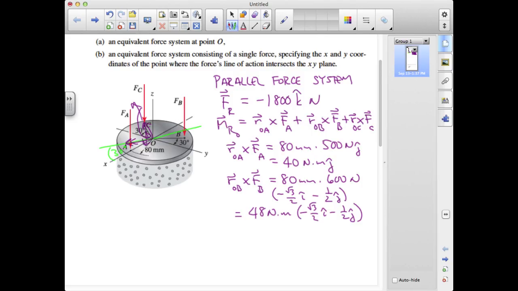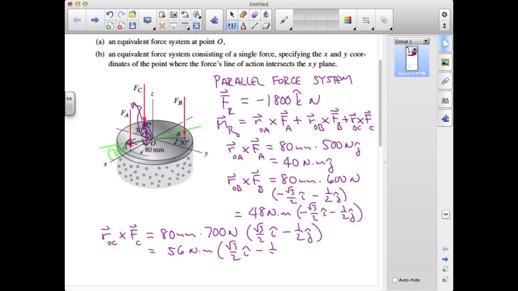And once again, I can write r_OC cross F_C as 80 millimeters, in this case times 700 newtons, on that unit vector, which is going to be root 3 over 2 i minus 1/2 j. And again, that's going to be 56 newton meters, root 3 over 2 i minus 1/2 j. So those are the three contributions from our moments.